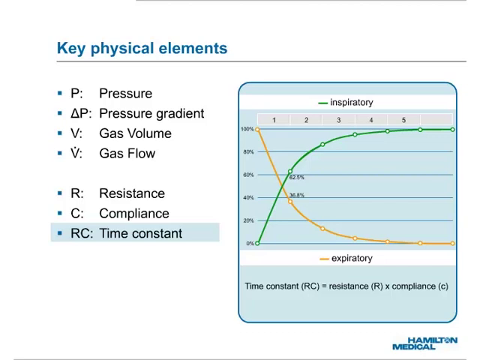If the time available for lung exhalation or deflation is shorter than required, a part of the gas volume that should be expired is trapped in the lungs. This results in higher alveolar pressure at the end of expiration than would otherwise be the case. This phenomenon is called auto-PEEP.